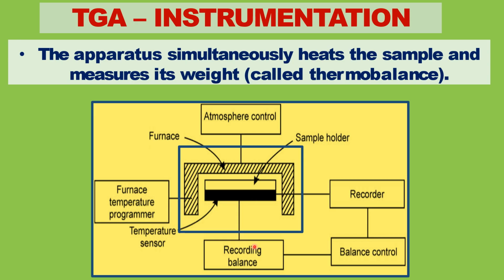It is enclosed in a heating furnace with a furnace temperature programmer. You have a recorder, because temperature is recorded, and also a balance. The mass change is recorded here, with the balance control recorder, temperature sensor, and furnace temperature.